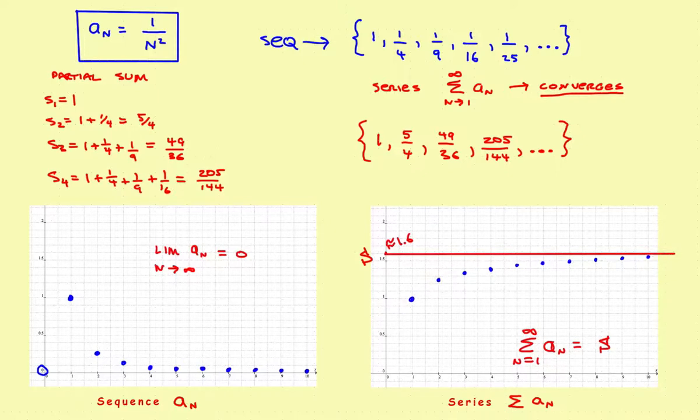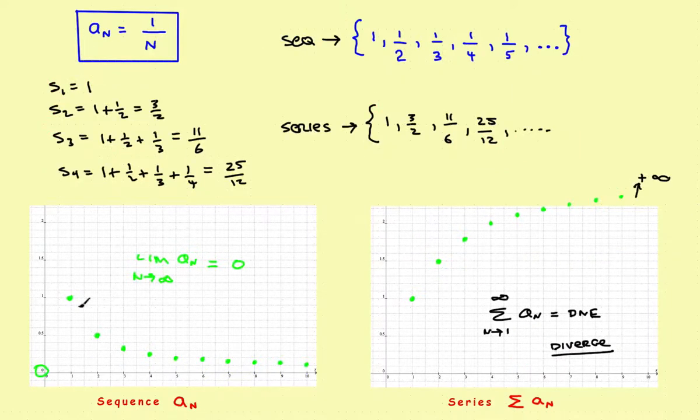But in the next example, the green dots also approach the x-axis, but they don't do it nearly as quickly, and in this case, the series diverges. It continues on off to infinity. Now, if we put both of these on the same screen, let's just go ahead and do that.